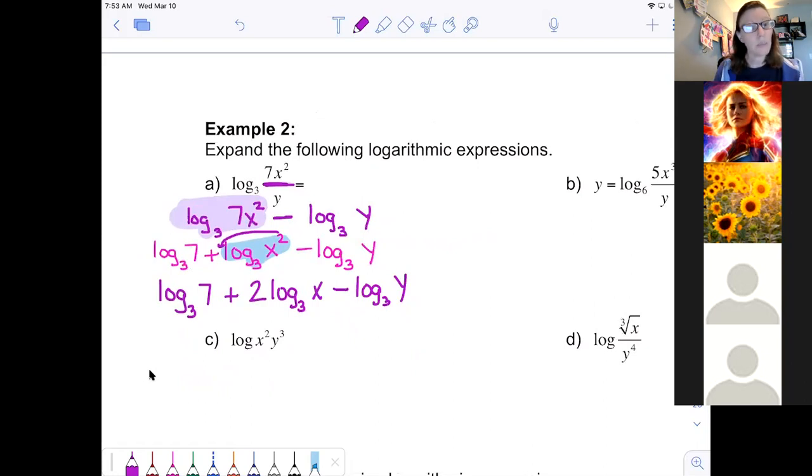All right, so if you look at B, it's similar to A. See if you can expand B. So the log base 6, 5x cubed over y. So very similar. Try and expand B. And Jordan, I'm going to come to you in a minute.